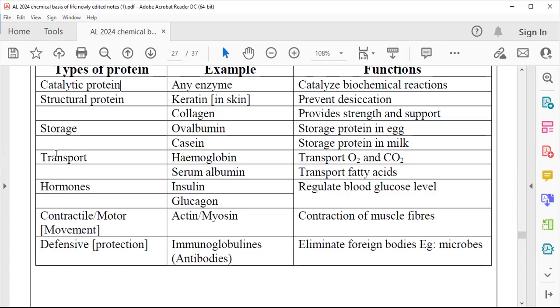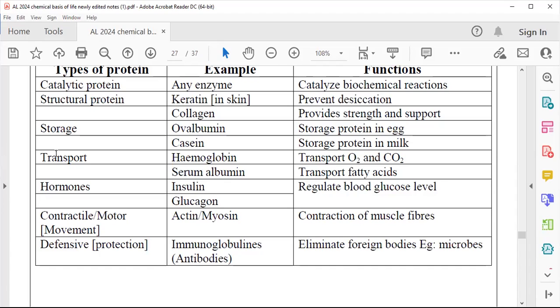Next function, contractile or motor, that is movement function. Finally, defensive function, that is giving us protection.